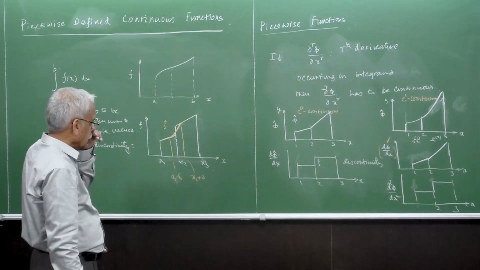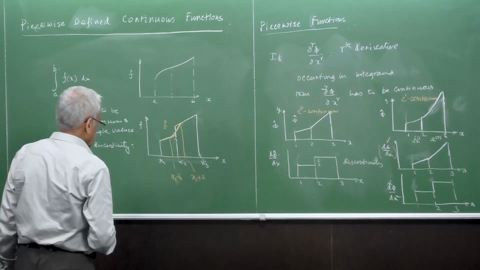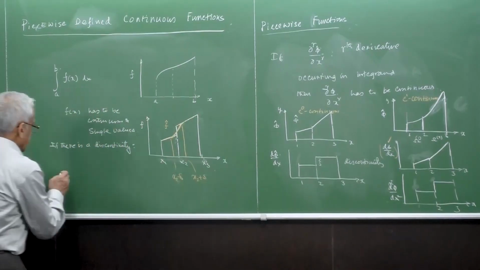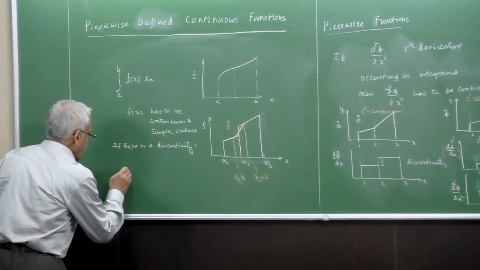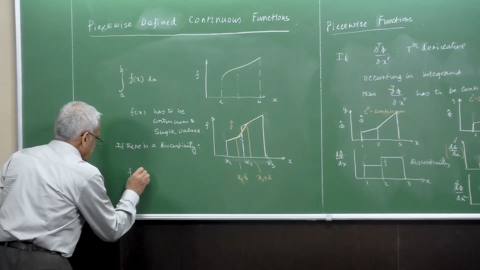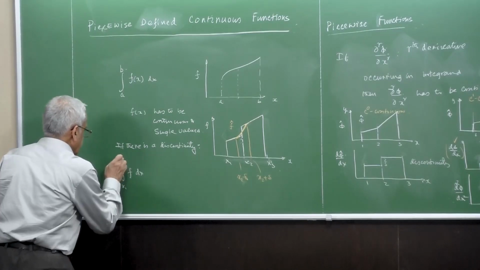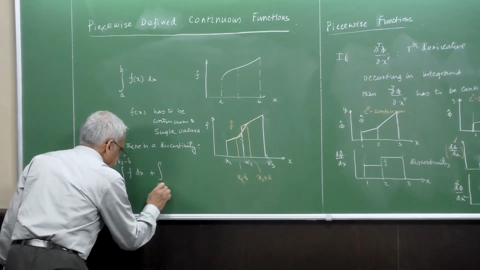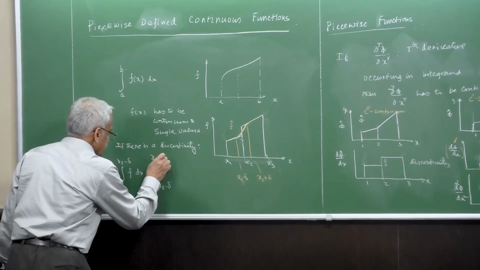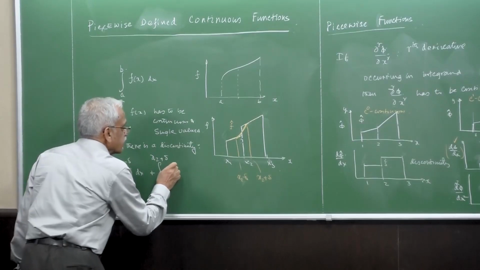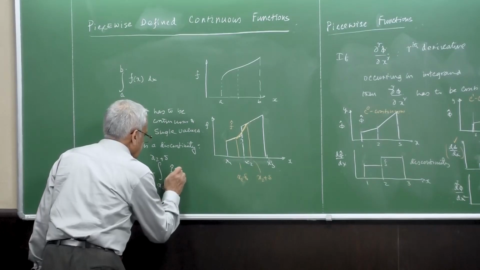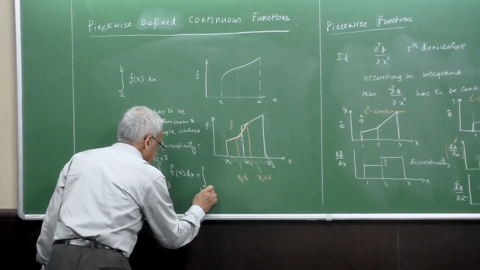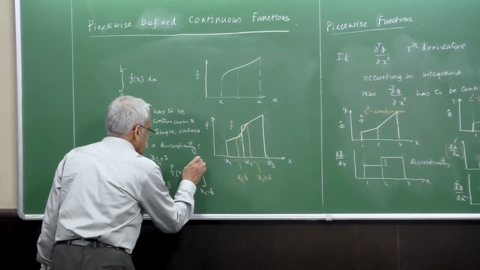This is approximated. If you look at the integration of this f, it is the integral of f dx from x1 to x2 minus delta, plus x2 minus delta to x2 plus delta for the modified one, plus x2 plus delta to x3.